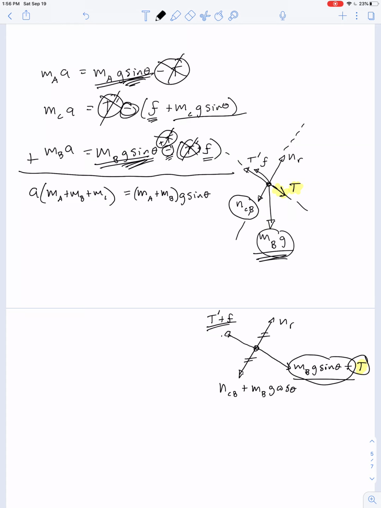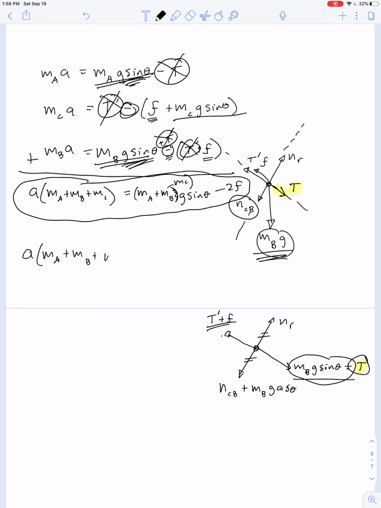Oh, so I could throw that minus MC in with here. And then we have minus 2F. Okay. So A times MA plus MB plus MC is equal to, now what can we substitute for F?